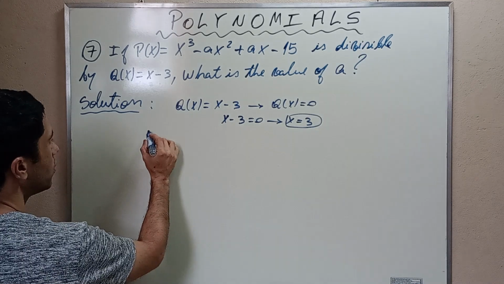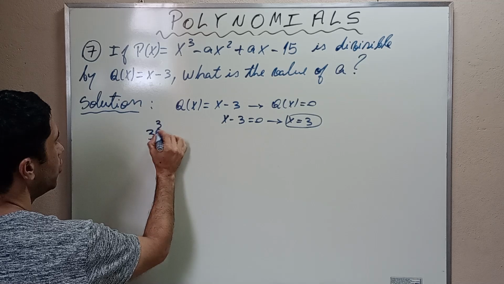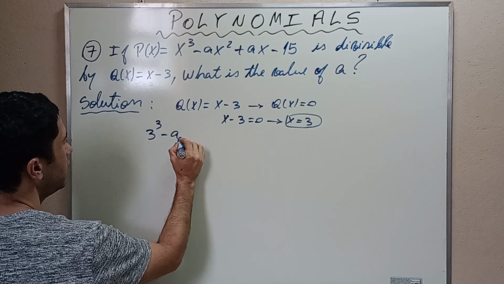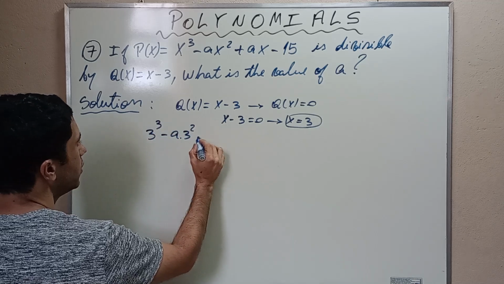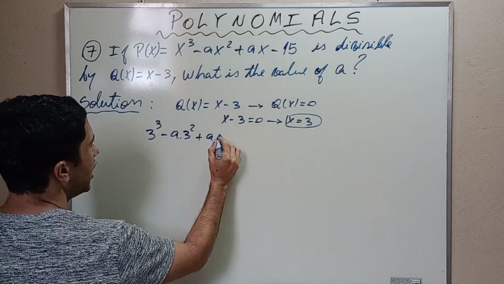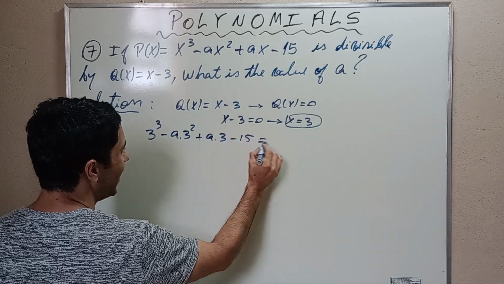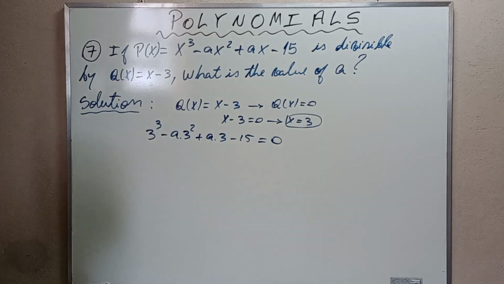Consequently, 3 cubed minus 8 times 3 squared plus 8 times 3 minus 15 has to be 0, alright? This is the main understanding to find the solution of this exercise.